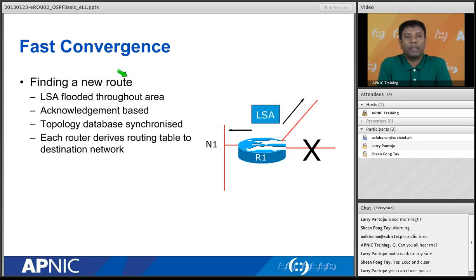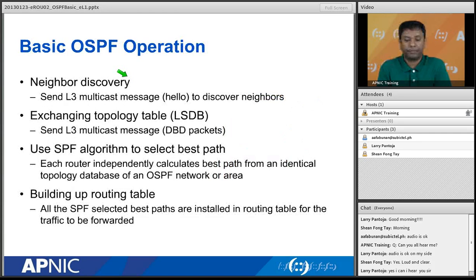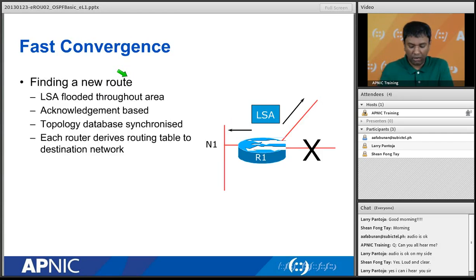Another example of how they find the new route. When a network change happens, the router that identifies the change sends a trigger update by an LSA, or link state advertisement, to all participating routers or the neighboring routers. When that goes to the neighboring routers, they identify that yes, there is a change on the network.